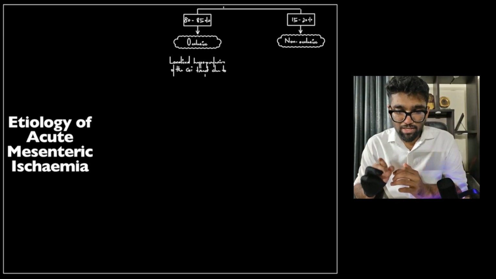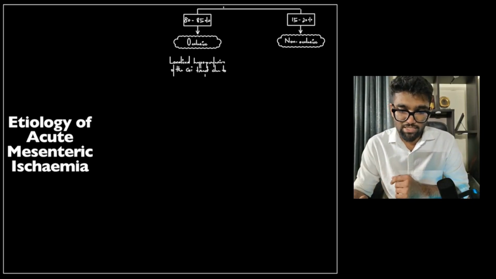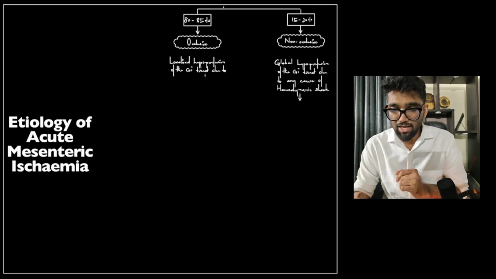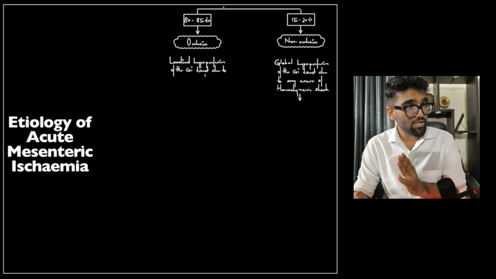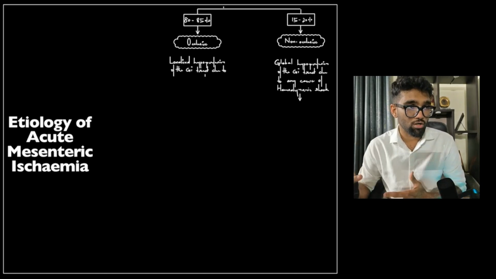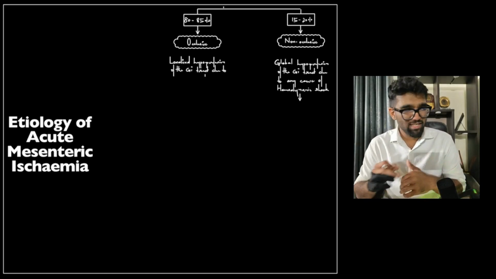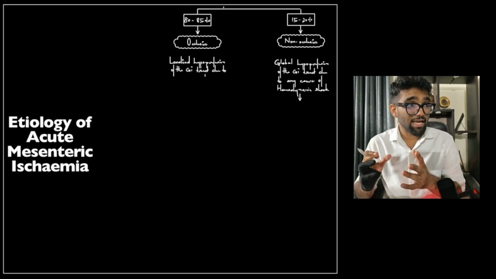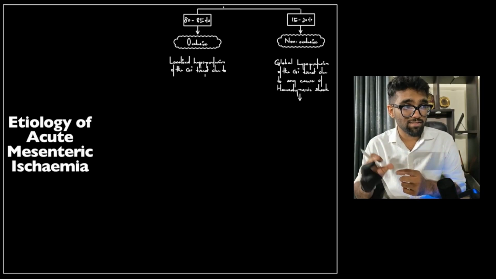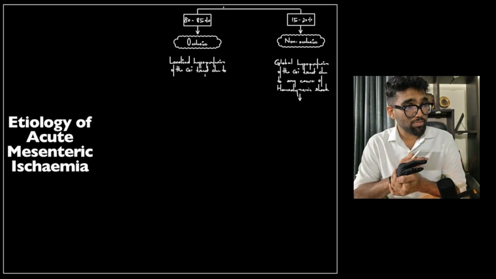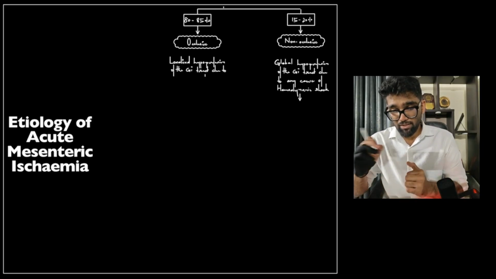And in case of occlusive acute mesenteric ischemia, we have a localized hypoperfusion of the GI tract, as I have just said. Whereas in case of non-occlusive, we have a generalized global hypoperfusion, usually due to shock. Okay, and in this situation, as we'll discuss in imaging, there is often adrenal hyperenhancement, and that is something very interesting that we'll come to in our discussion on the imaging of mesenteric ischemia.